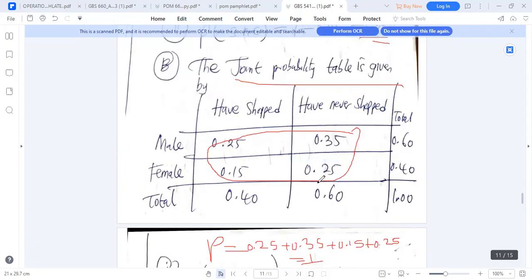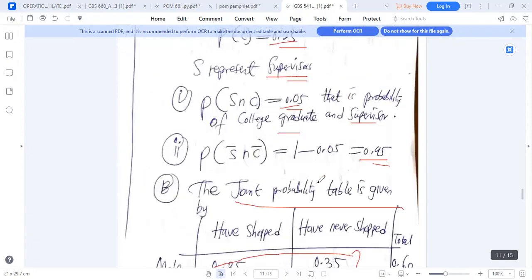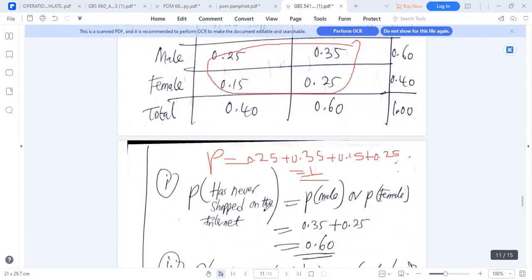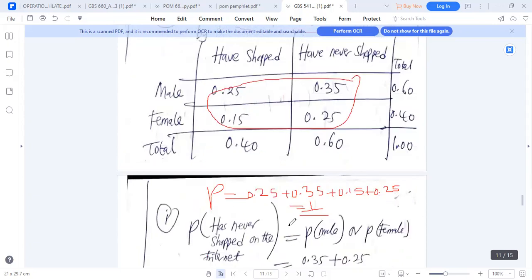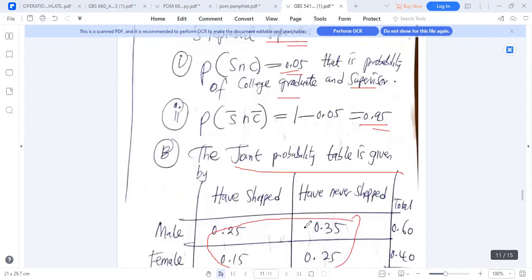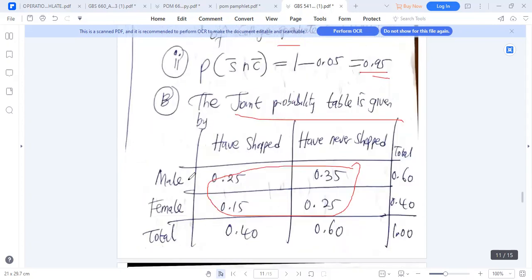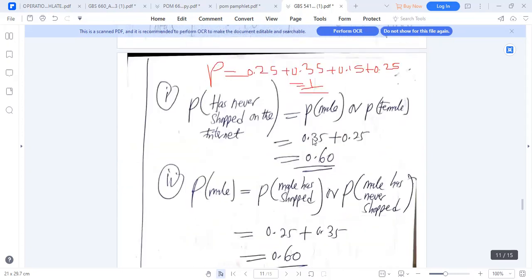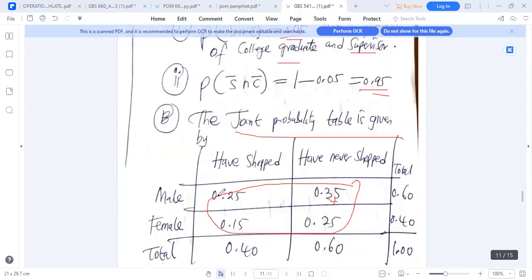So the probability that he has never shopped on the internet, it's either male or female, but has never shopped. So it's 0.35 for a male who has never shopped, or a female who has never shopped.